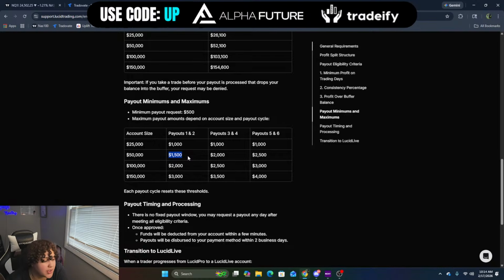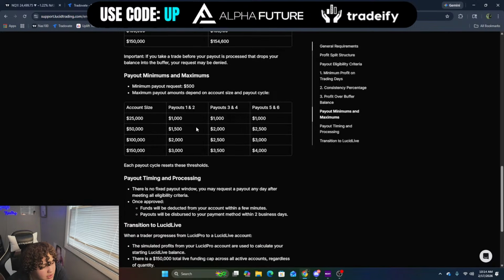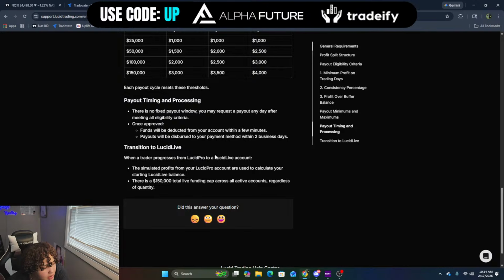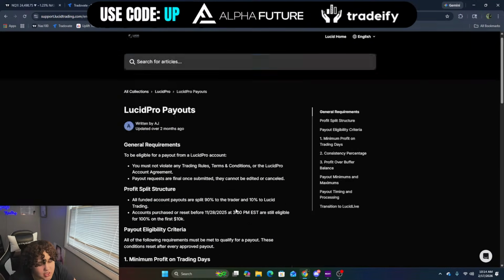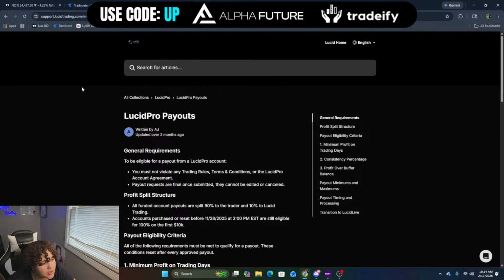For example, with Tradeify, their capped payout on 50K accounts on some accounts is 2,000. I think this is a bit of a small payout cap. I mean, good thing it changes as you get more payouts, but unfortunately, most people don't get to their third or fourth or fifth or sixth payout on the same account. Very small percentage get to that point.